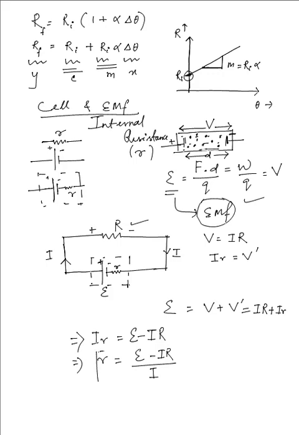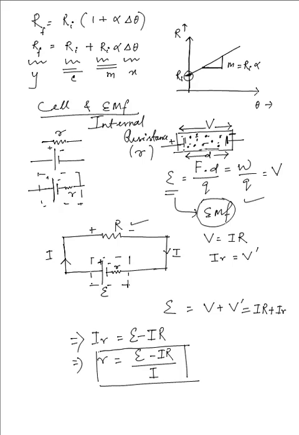This is the expression which you can use to obtain the value of the internal resistance for a given cell. And this is when the cell is discharging, providing electrical energy. So this is the process of discharging, where the EMF is provided across the circuit, which provides it with a net potential difference.